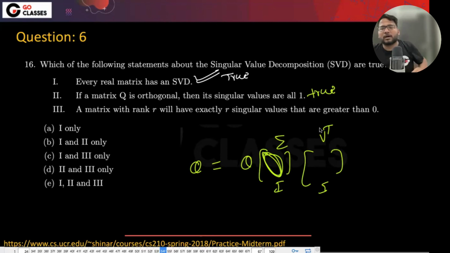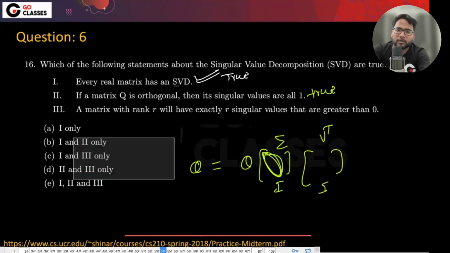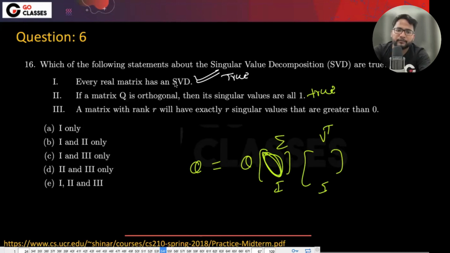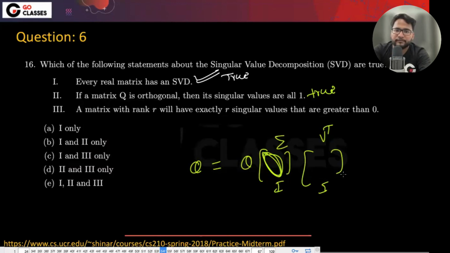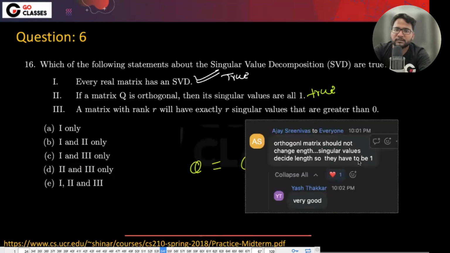Are there other arguments for this? Ajay has given a very nice geometric interpretation of this particular question. So let me just put it. Ajay is saying something like this.